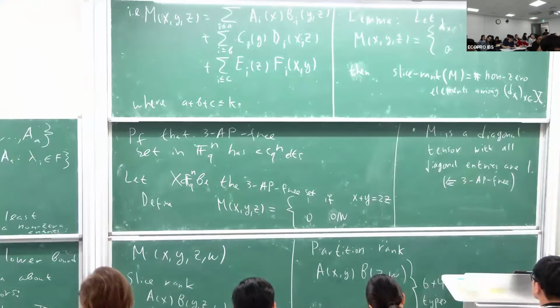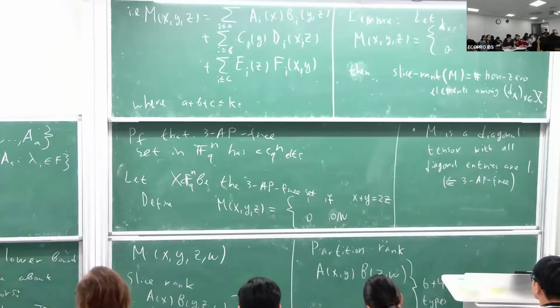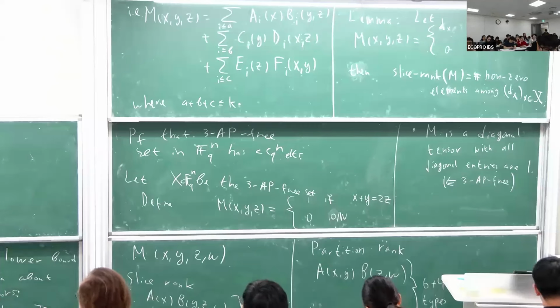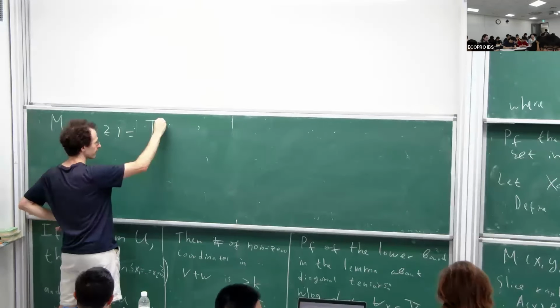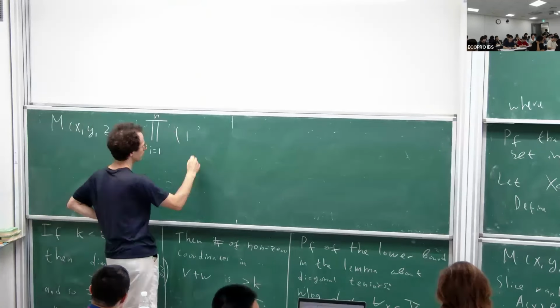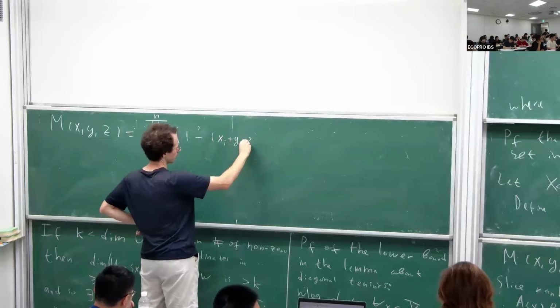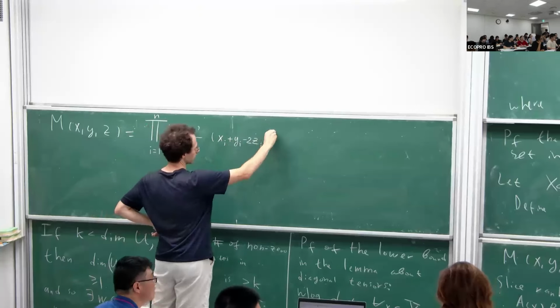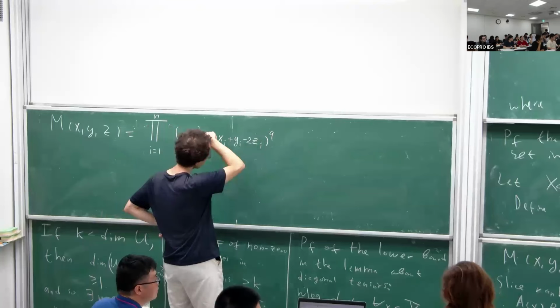M(x, y, z) is also equal to the product over all coordinates i of 1 minus (x_i plus y_i minus 2 z_i) to the power q minus 1.